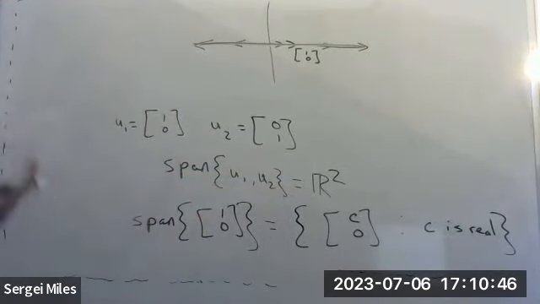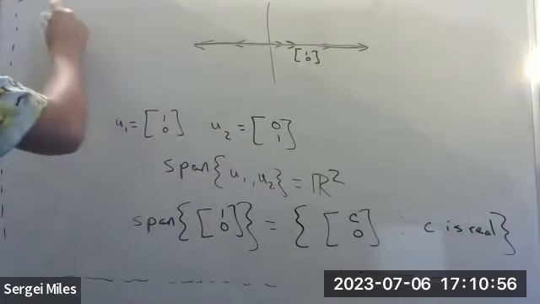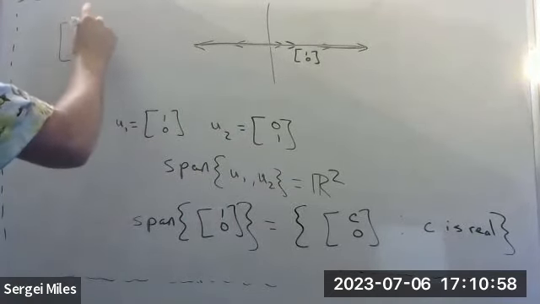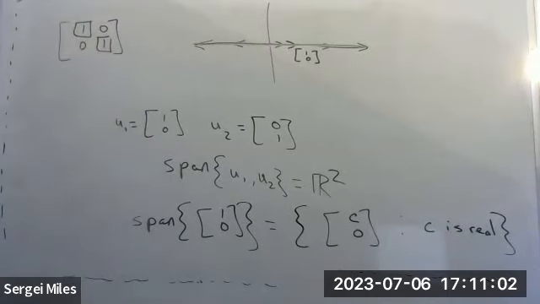R2 is a two-dimensional space, so in order to span all of R2, you're going to need two pivots. Lo and behold, if you put U1 and U2 together in a matrix, you end up with two pivots, just like we would need.